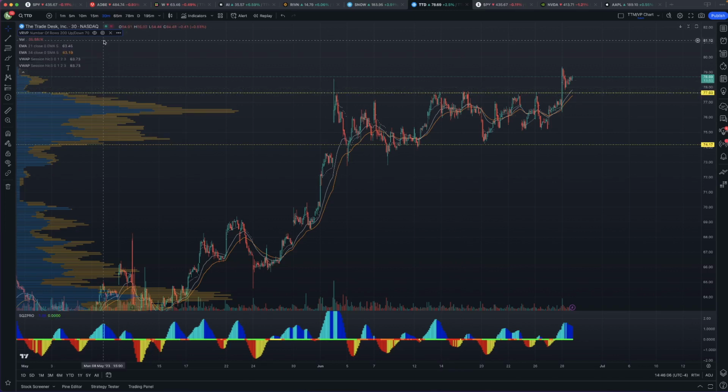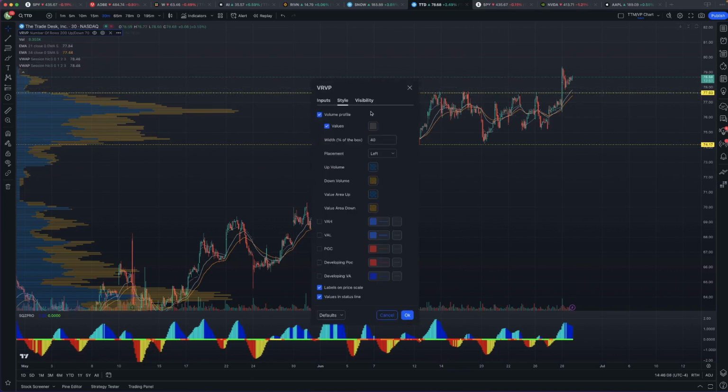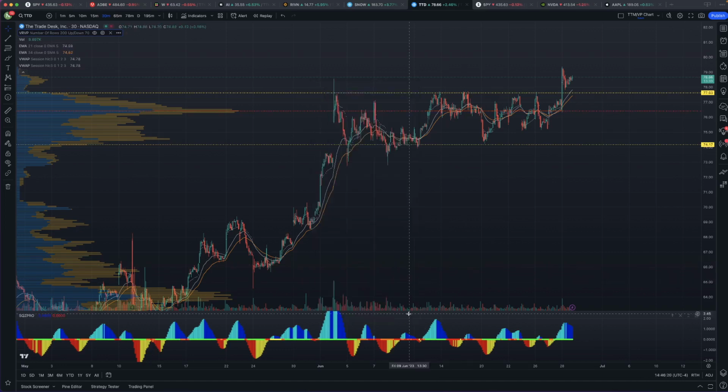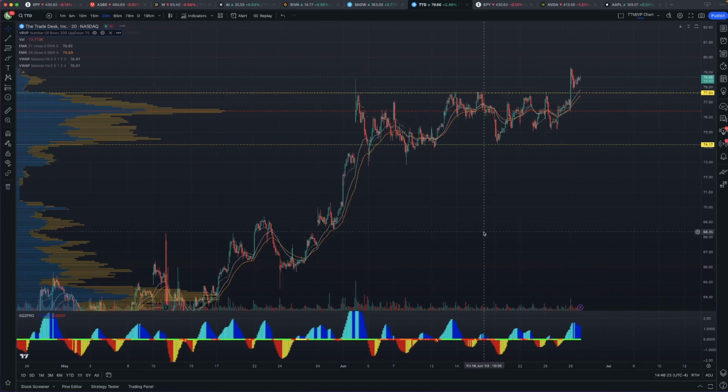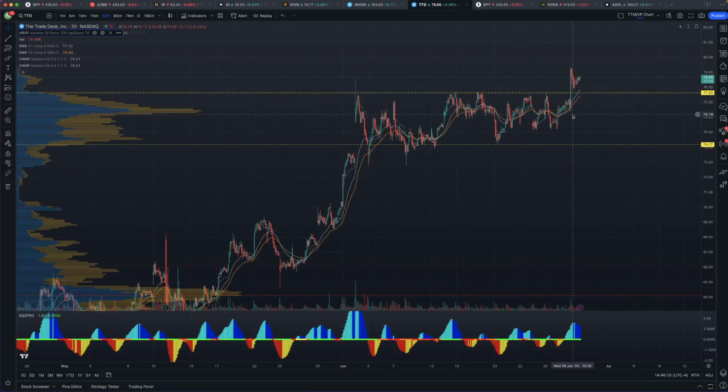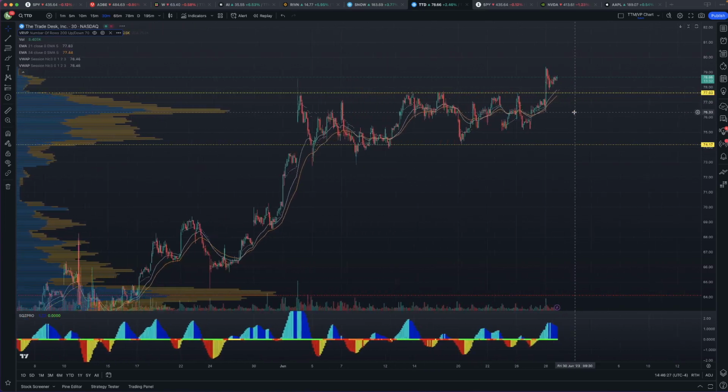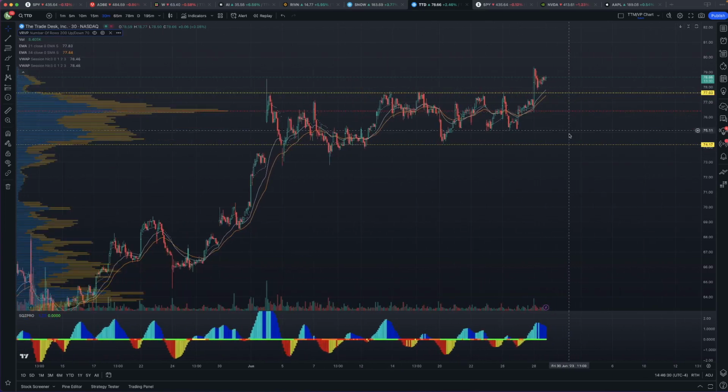I don't have it showing right now on purpose, but many times you can set it to show you the point of control, and I usually make that a red dotted line. Within this consolidation on the 30-minute chart, our point of control sits about 76.39, so I'm going to put a line there.